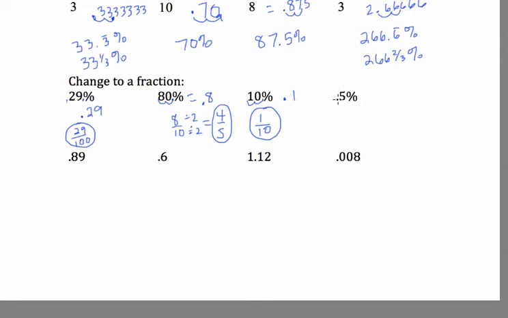0.5%. Move your decimal place 2 places left. 0.005. To change to a fraction, just say the name of the decimal. So let's see. Tenths place, hundredths place, thousandths place. So this is 5 thousandths. I can reduce by dividing both top and bottom by 5.